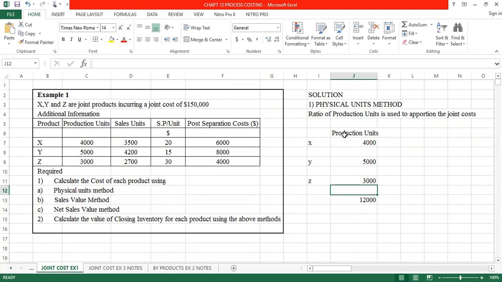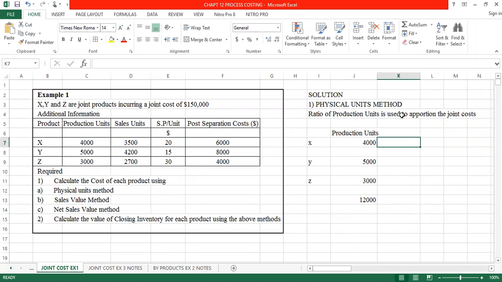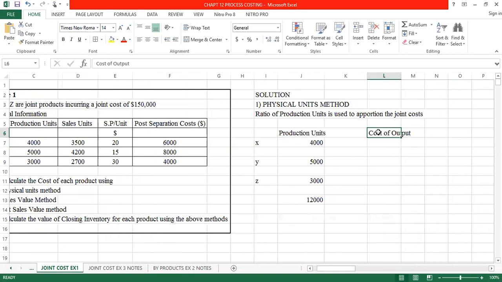So remember, here I'll get the cost of output. I'll really not call it cost of output. I'll call it value of output.